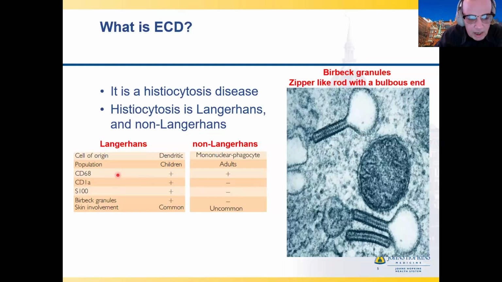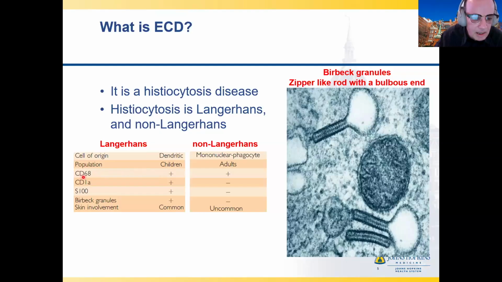All the histiocytes have a marker. We call it CD68. So we test for that to make sure that these are histiocytes by the CD68 marker. Each cell has what we call a feature, or what I call a whisker. If you think of a whisker on the outside of the cell, it actually identifies which cell it is.